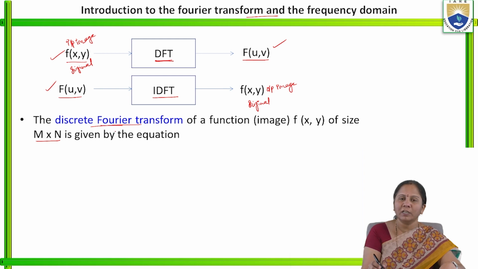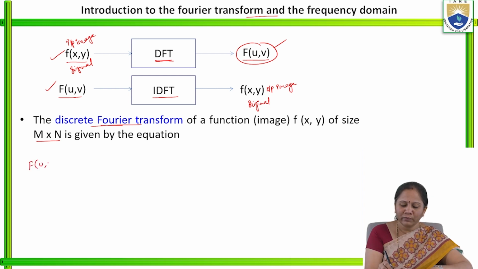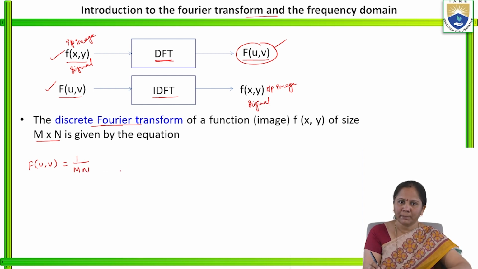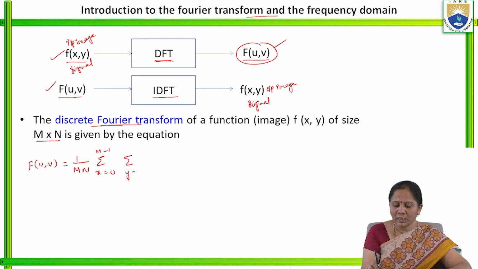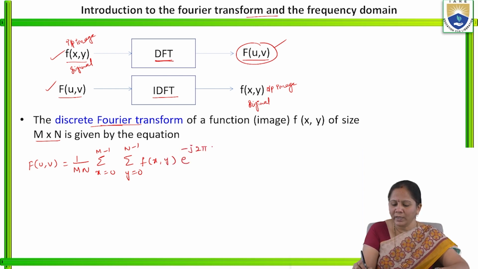The output of this discrete Fourier transform is f of u comma v, and it is represented as f of u comma v equal to 1 by mn, where mn represents the size of the image, m by n, times sigma x equal to 0 to m minus 1, sigma y equal to 0 to n minus 1, f of x comma y, e power minus j 2 pi times u x by m plus v y by n.